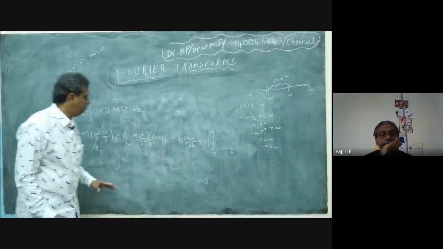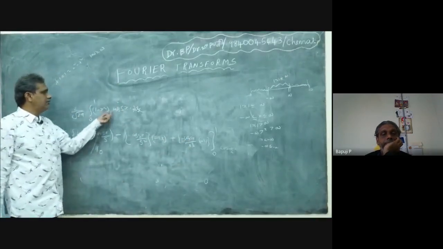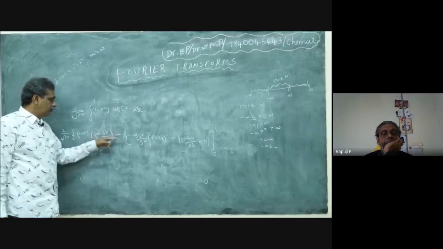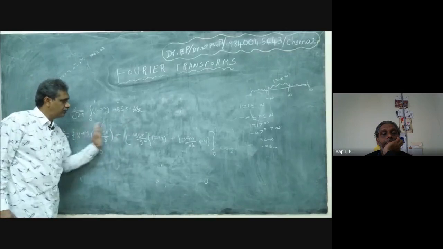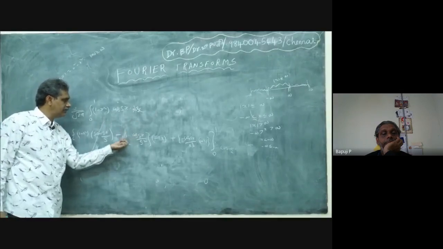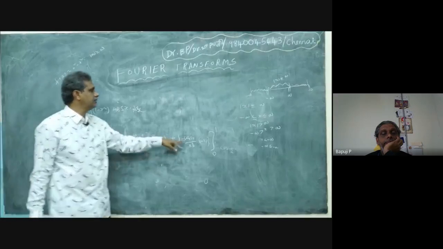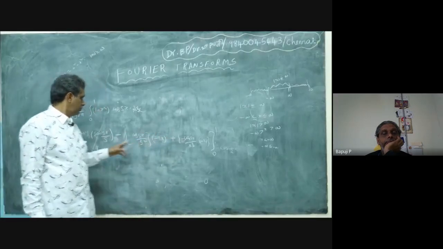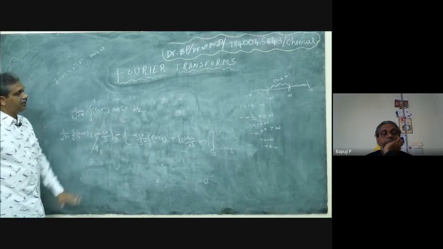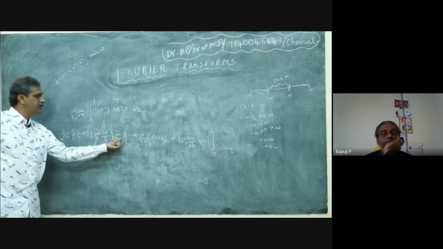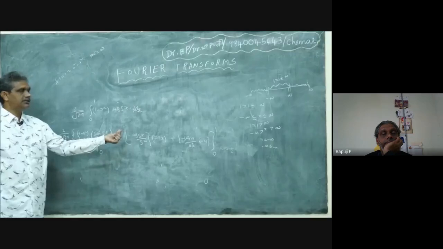Now we can simplify. While using Bernoulli's formula, don't simplify till you apply the limits. Otherwise, minus into minus gives plus, then again plus, and you will let the whole thing collapse. So while doing Bernoulli's formula, fully integrate, then simplify. Each and every step, don't simplify immediately. This leads to a lot of problems.